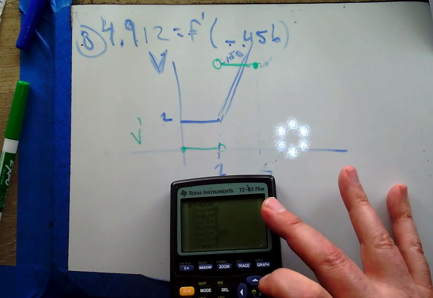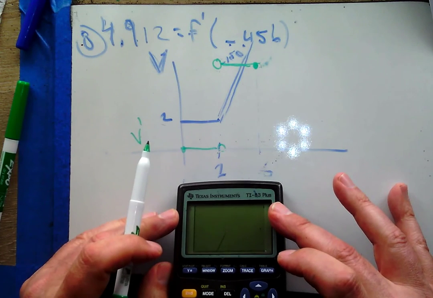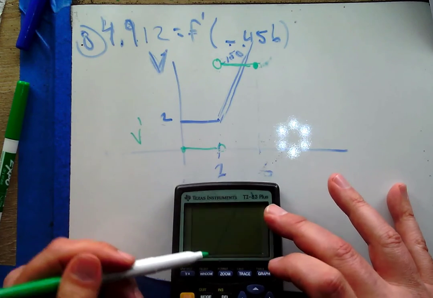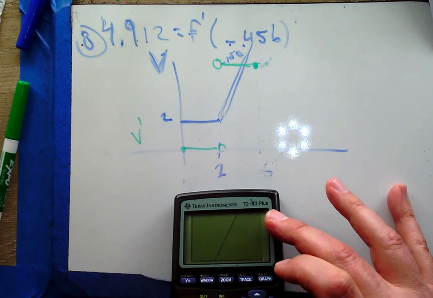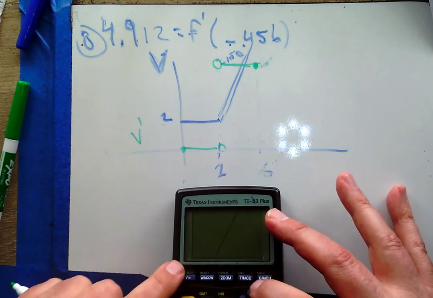And steps of 3. There you go. So we have the horizontal line up to 2, and then from 2 to 6, we have this linear equation. But what are we supposed to be graphing? We're supposed to be graphing n-deriv.